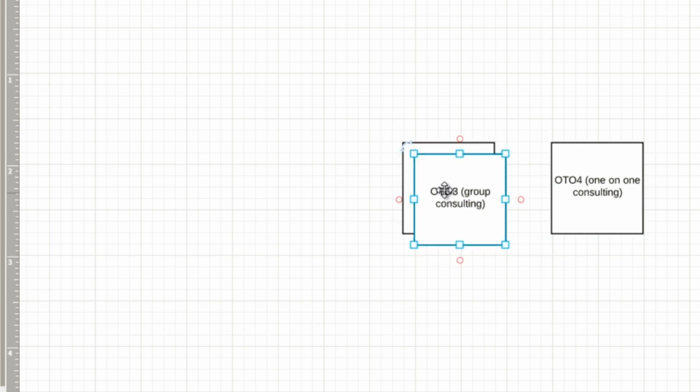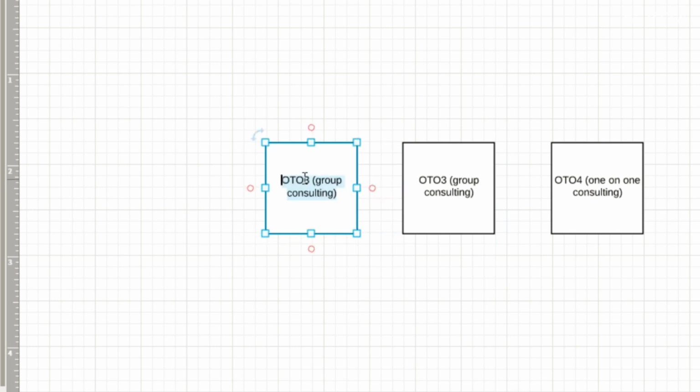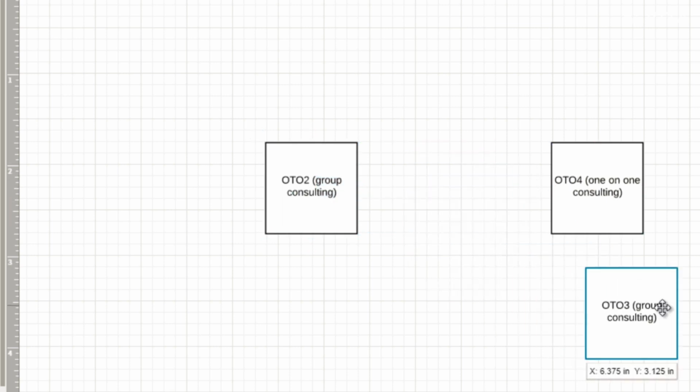So then we move back again. OTO 2. And if somebody cannot afford group consulting, perhaps a portion of that. So we take a piece, we move back. We take a piece, we move back. Well, in that case, you can have this perhaps as the downsell.